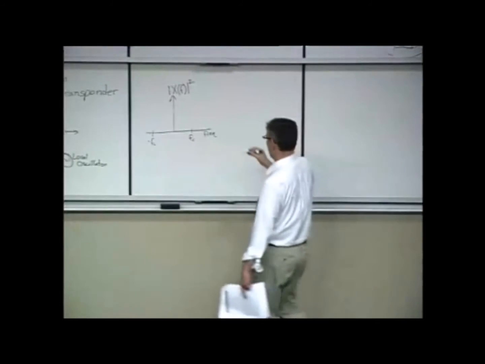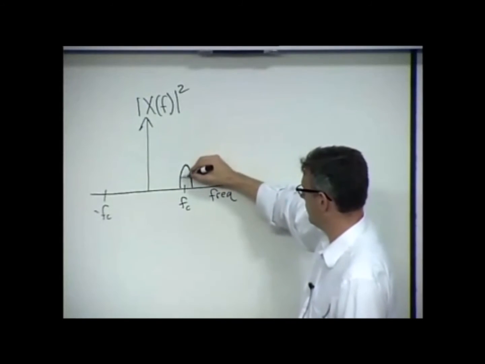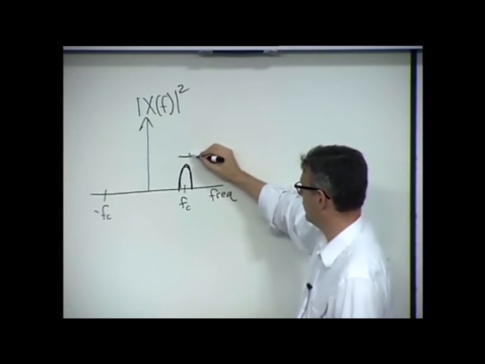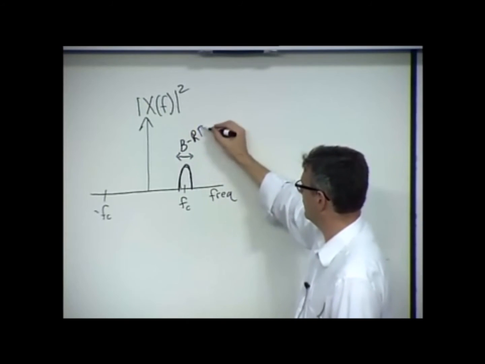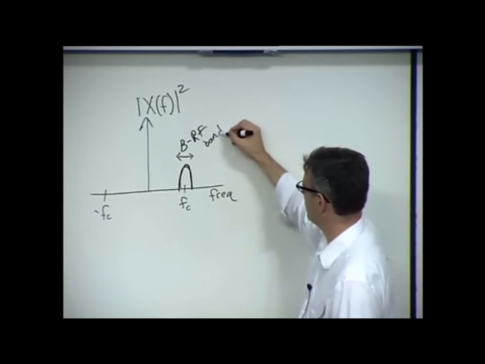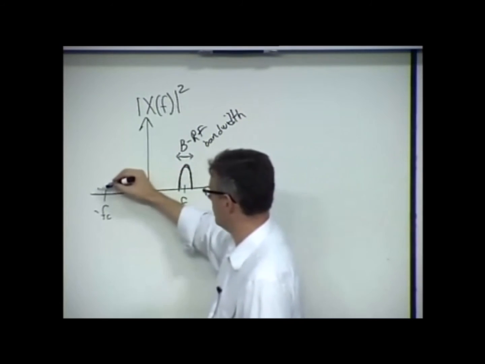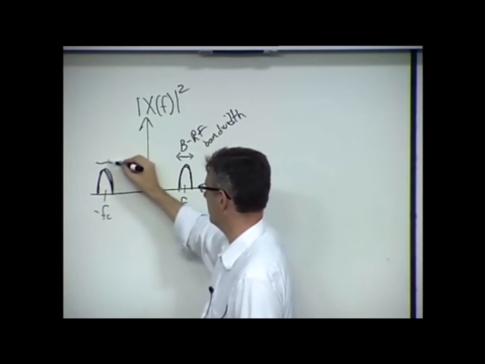what would I see? I would see a data signal that was band limited with an RF bandwidth, we'll call it capital B. This is my RF bandwidth. And I would see the mirror image over here.